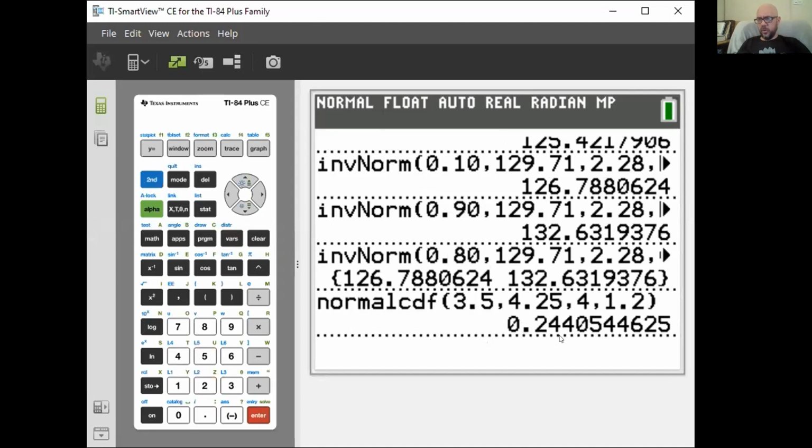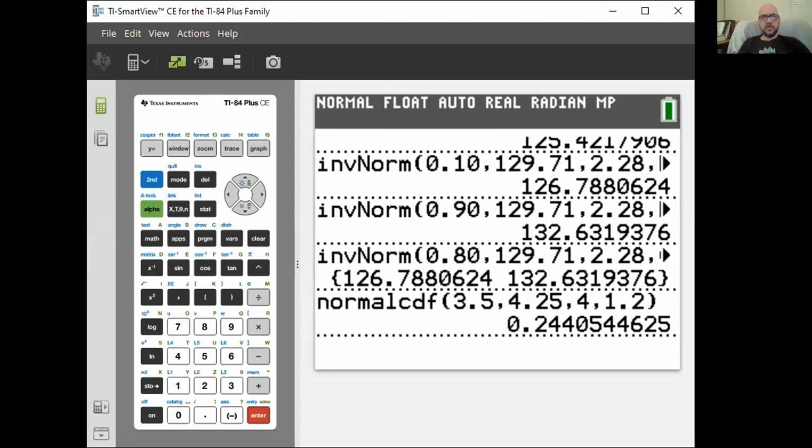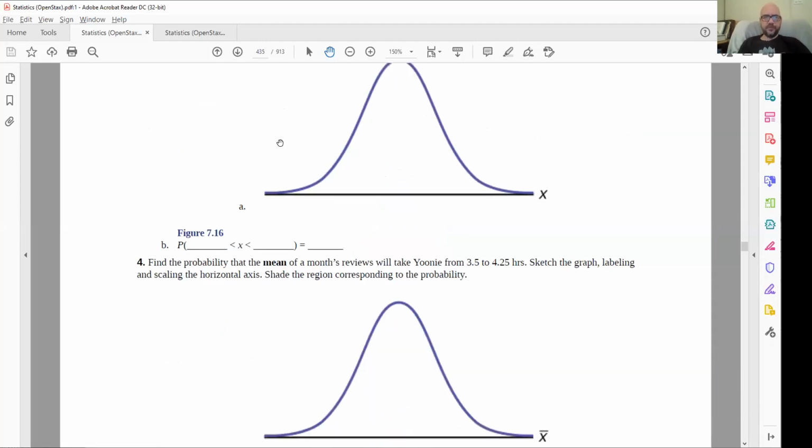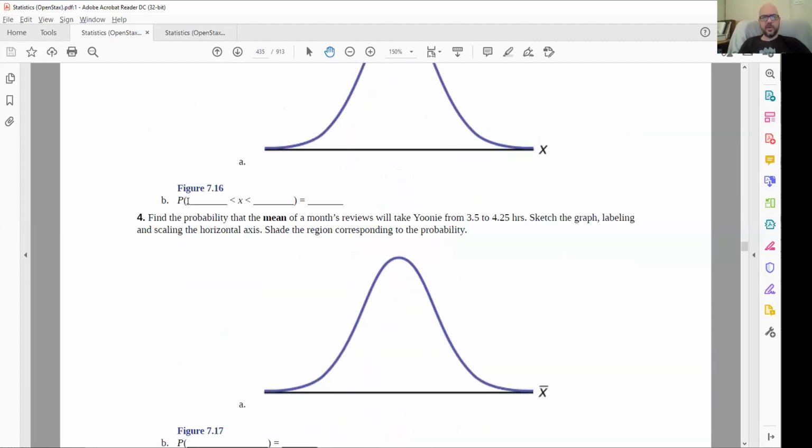So then 24.41 percent. That's the probability we're looking for. They just want you to write that: P(3.5 to 4.25) equals 24.4%.